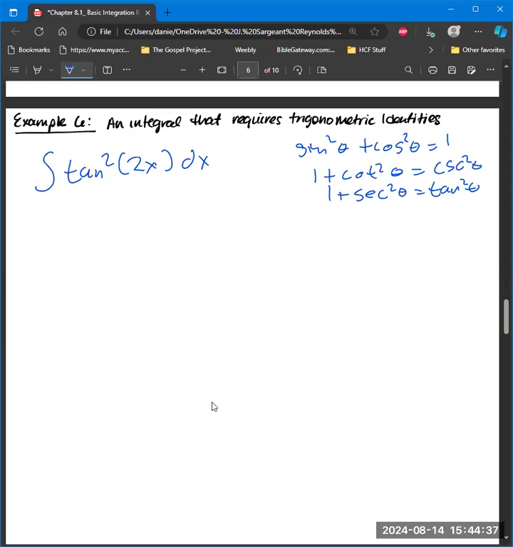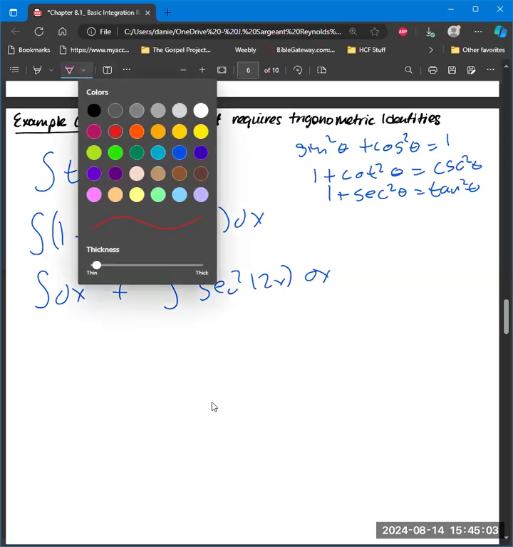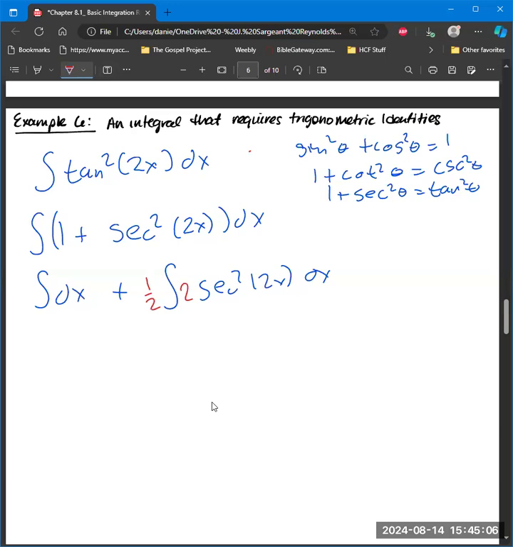So we're going to need to change this tangent squared into a secant squared, so that's going to be dx plus secant squared 2x dx, like so. And we need to fix this with a chain rule, 2 and 1/2. So that's going to make this x plus 1/2 of tangent of 2x plus c.